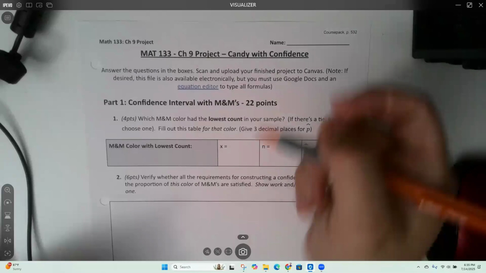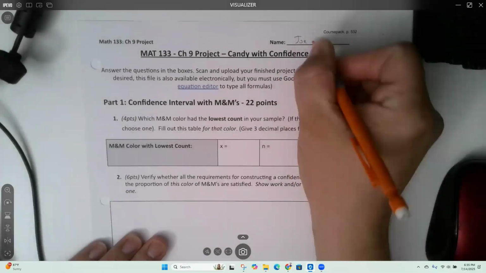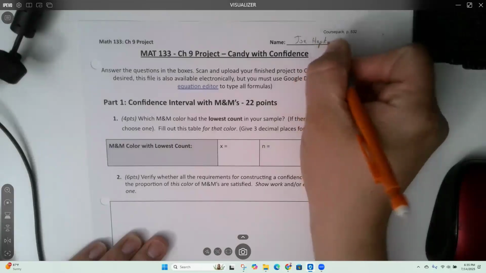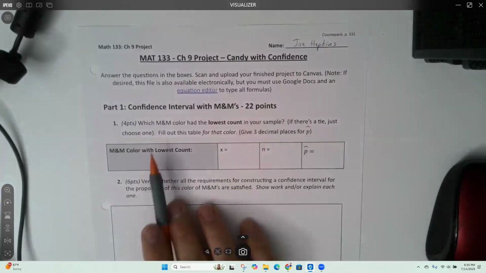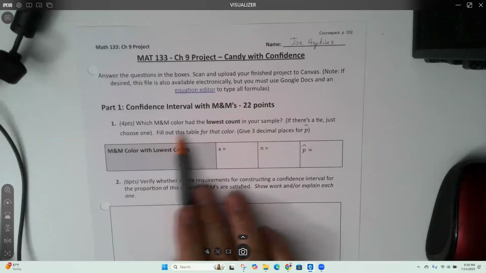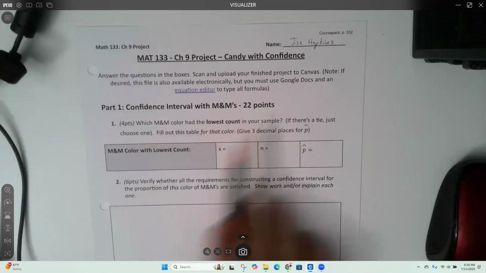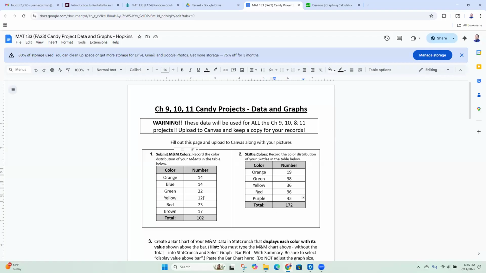Anyway, page 532, we're going to start with our name, put that in there. Then looking here, which M&M color had the lowest in your sample? I'm going to look at my data. I had 12 yellow.